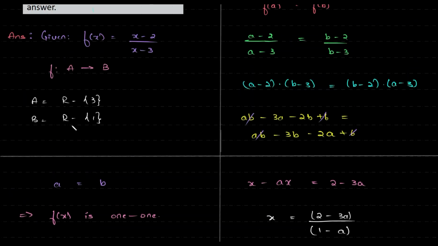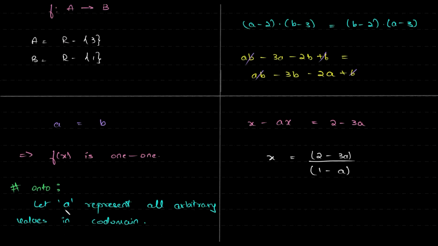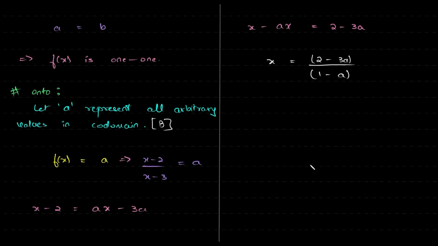This a comes from your set B. Codomain is nothing but B. It does not have 1, so this will not result in infinity. That's the first thing. Second thing is, we also have to look into the possibility that x, which belongs to set A, since it's not containing 3, we have to show that we don't need 3.